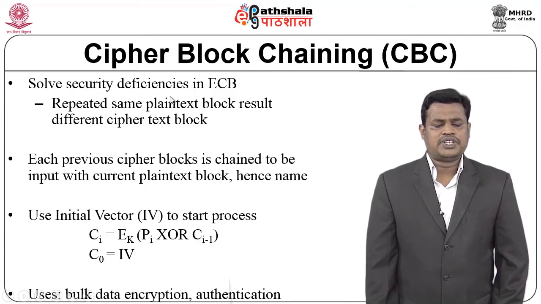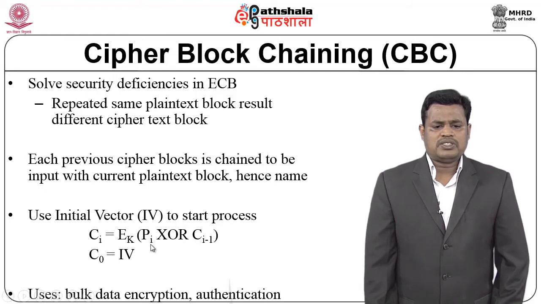Each previous cipher block is fed into the input of the current plain text block, hence the name. Each time, the second block depends on the output of the first block.